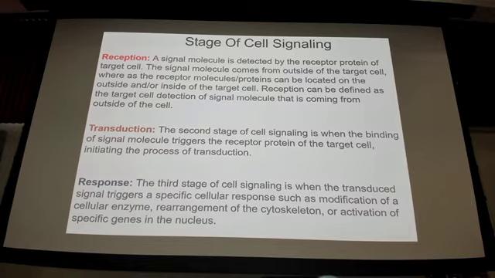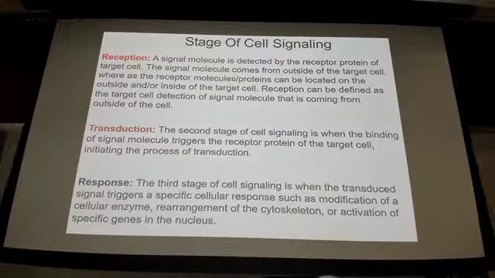So molecules are detected on the outside of the cell. Transduction begins when that signal molecule attaches to the outside of the cell, and that starts the triggering of a chain reaction that leads to the response, which occurs when a transduced signal leads into a specific cellular response, a biological activity. Typically, for example, we have gene modification, and we're going to talk about some specific examples in this lecture.